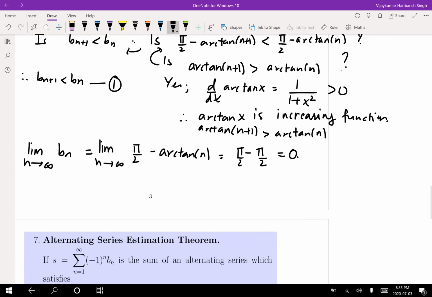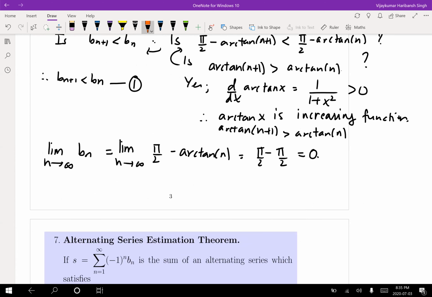So therefore, the limit of Bn equals 0 as well. So from 1 and 2, therefore, by the alternating series test, this series converges.